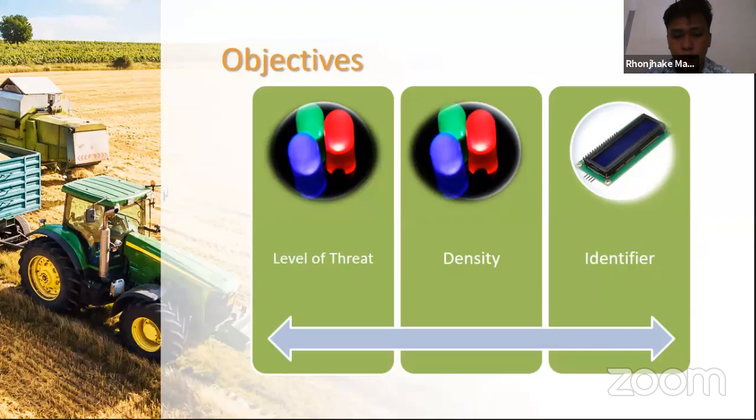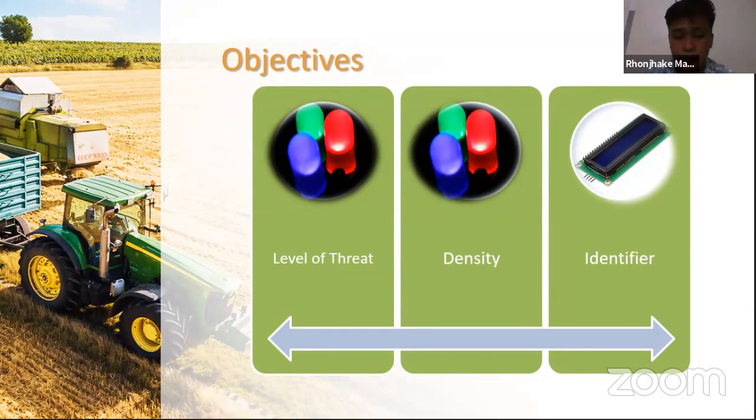The objectives of this study are to design and develop a device that can detect the level of infestation inside the rice field. Next, that can estimate the amount of density of insects within the field. Third, to identify what types or kinds of insects are in the rice field.